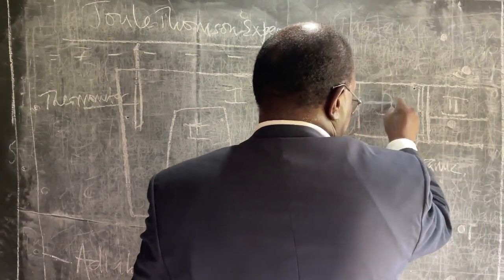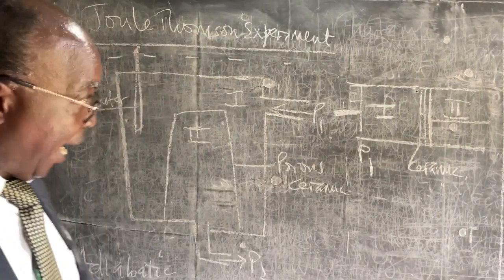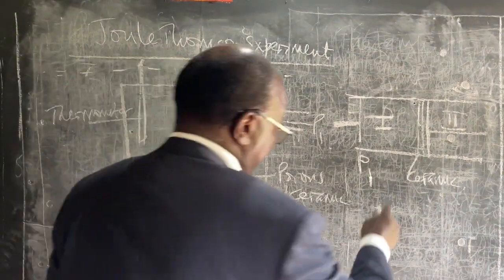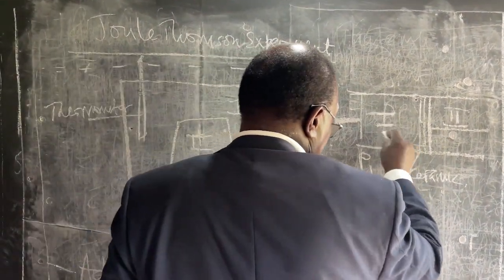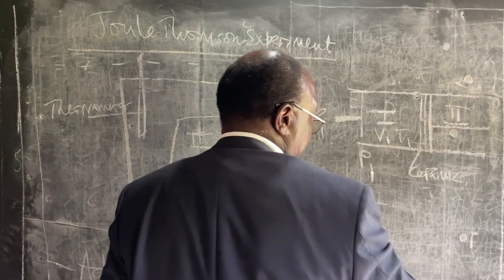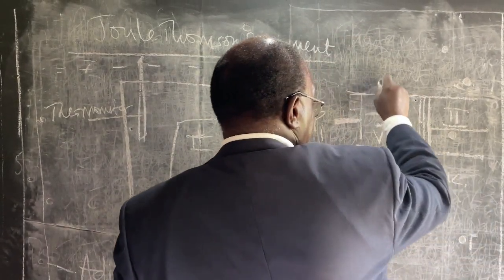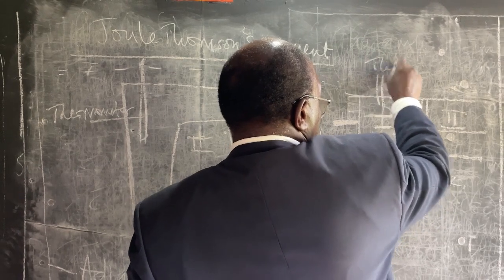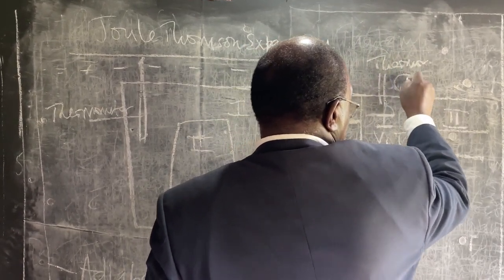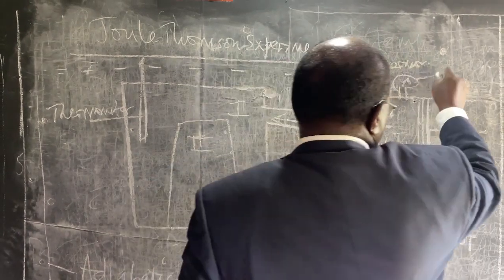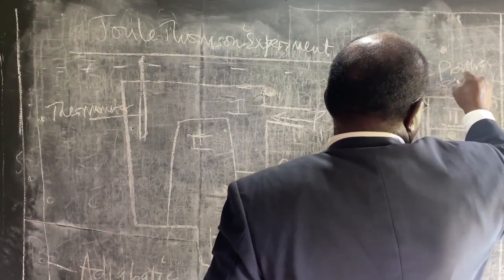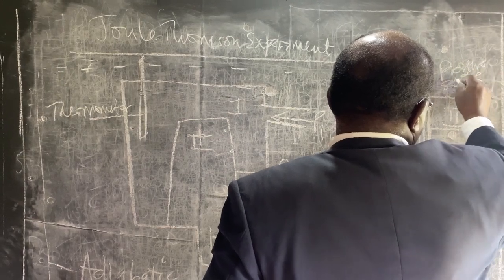So we have compartment 1 and compartment 2, and of course, they are at various temperatures, pressures and volumes. So we have, let's call that, volume 1 and temperature 1 for compartment 1. And let us say that we have a thermometer here, and we have a gauge to measure the pressure, a pressure gauge.